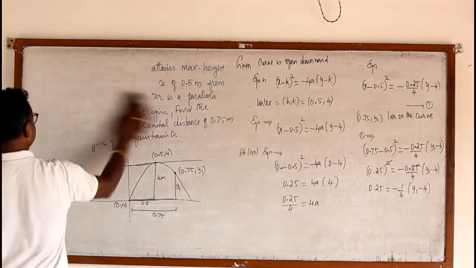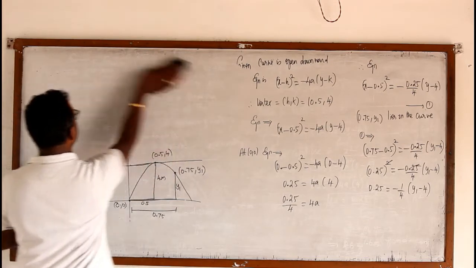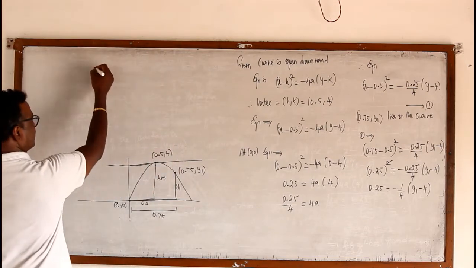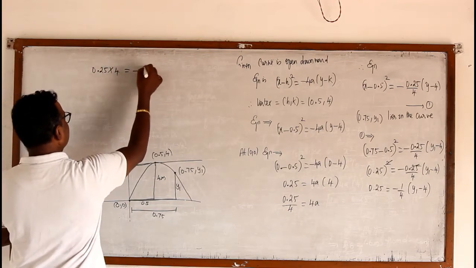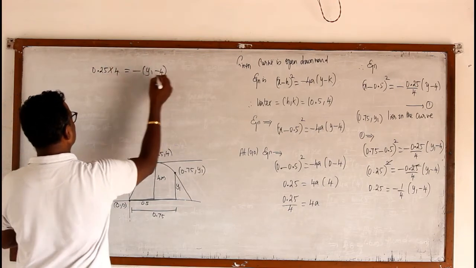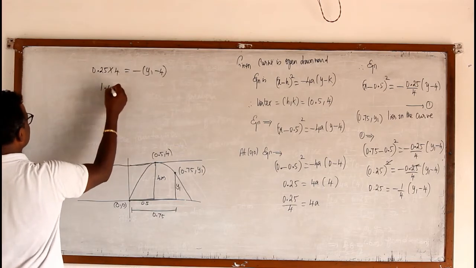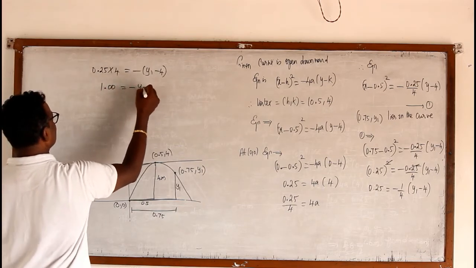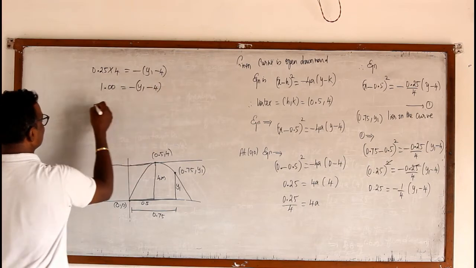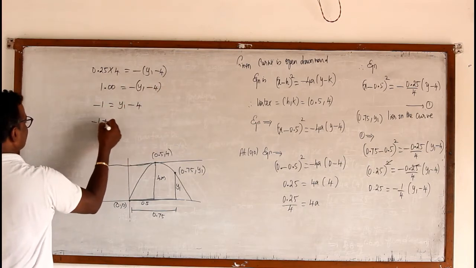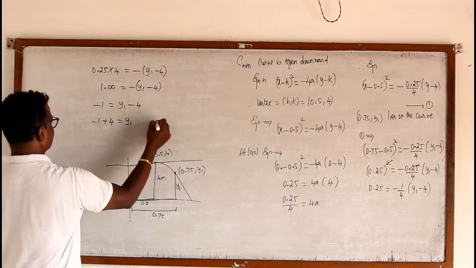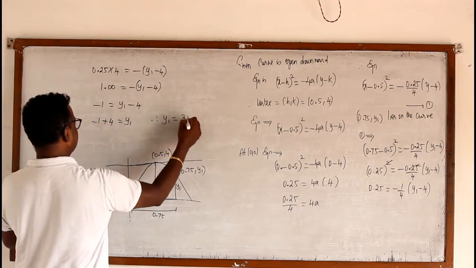So let me write here. Therefore, 0.25 into 4 is minus of (y1 minus 4). That is, 1.00 is minus (y1 minus 4). So minus 1 equal to y1 minus 4. Minus 1 plus 4 equal to y1. Therefore, y1 is 3 meters.